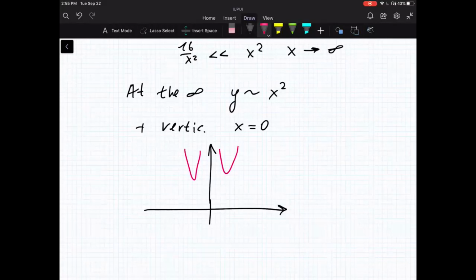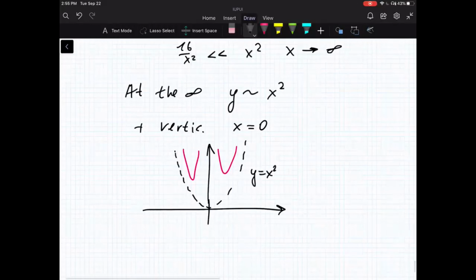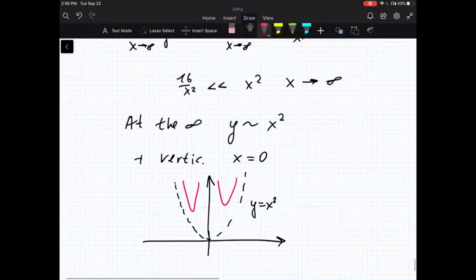But what is important is that if you graph y equals x squared, the observation above says that at infinity, your function will be very close to your parabola. So this curve will be very close to the parabola from both sides, of course. It will be close here and it will be close here as well. This is sometimes called an asymptotic curve.